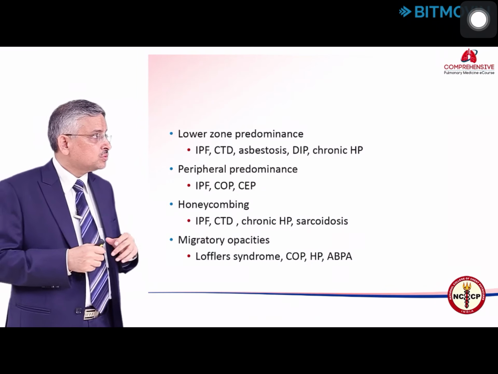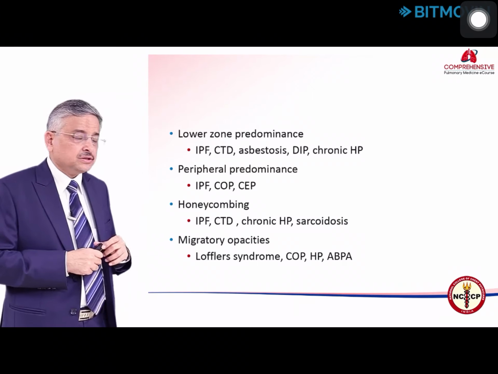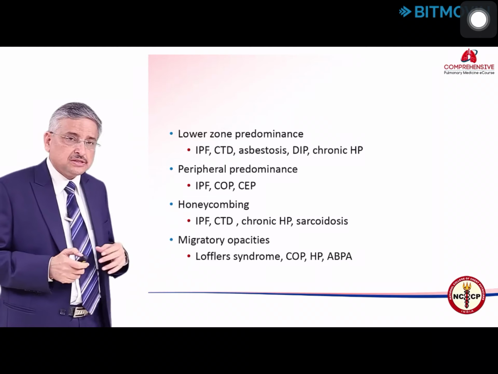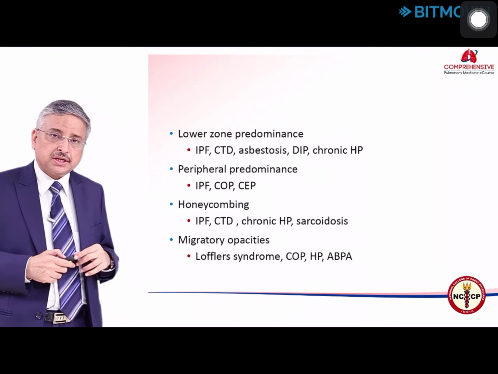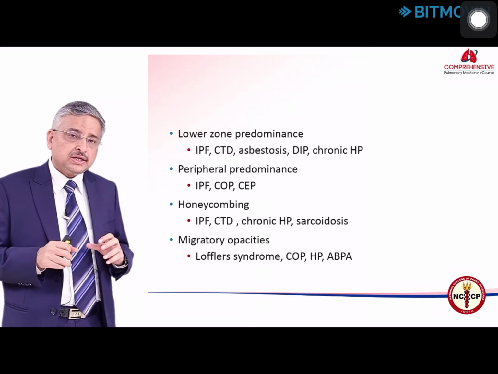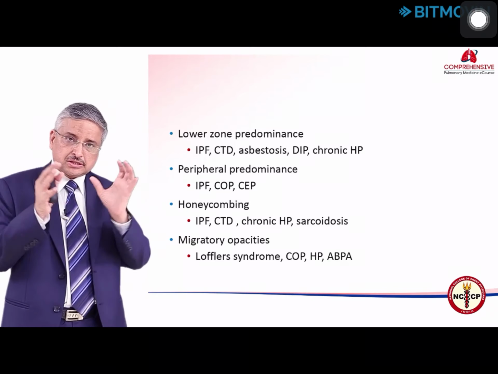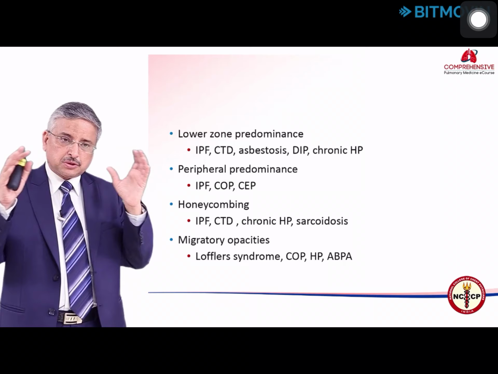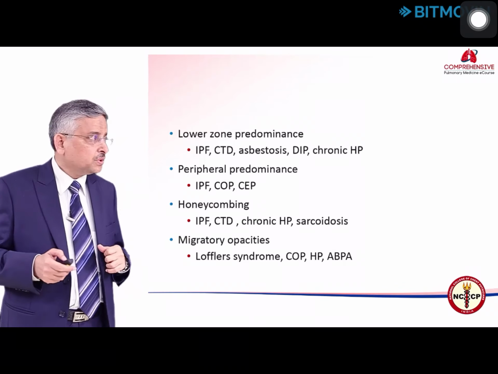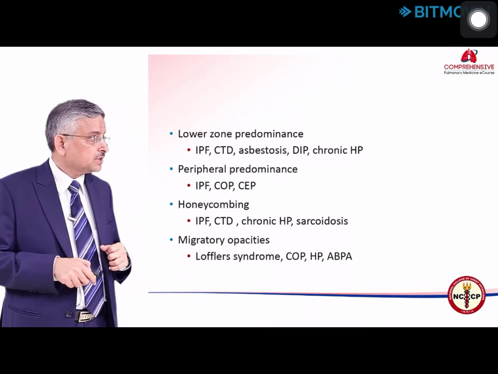If you have a lower zone predominant ILD, think of IPF, especially if it is peripheral subpleural, think of CTDs, asbestosis, DIP and chronic HP where there is more of lower lobe or lower zone involvement. If the ILD has peripheral predominance, there is central sparing but more peripheral involvement, again think of IPF, COP or chronic eosinophilic pneumonia.